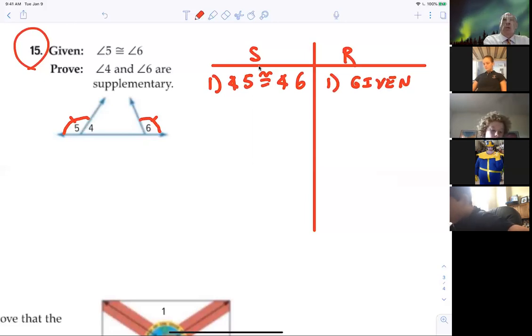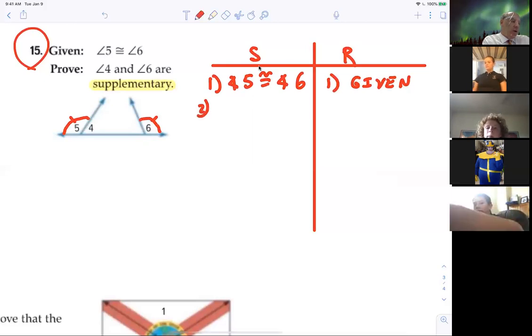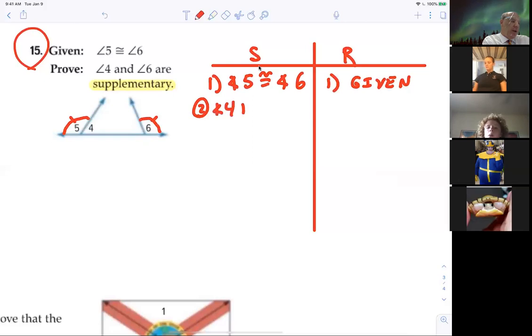So if I was looking at this, because they've introduced supplementary, I would want to go ahead and say that angle 4 and angle 5 are linear pairs, right?